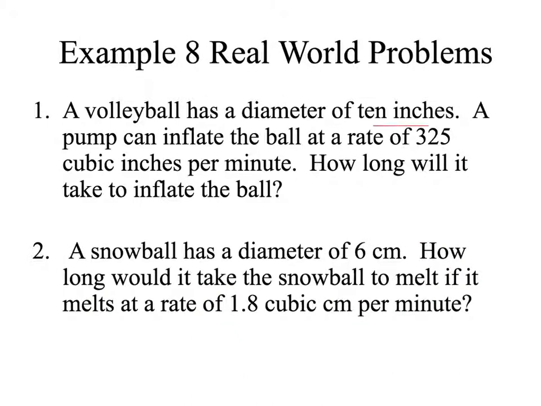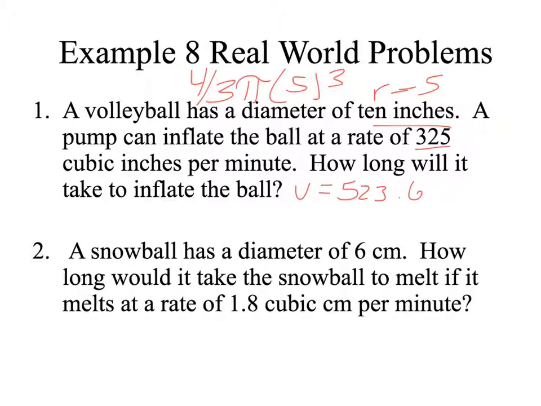So we have a volleyball with a diameter of 10 inches. That means its radius is going to be 5. And it can inflate the ball at 325 cubic inches per minute. So we're going to find our volume first. So 4/3 times pi times 5 cubed. And I end up with a volume of 523.6.